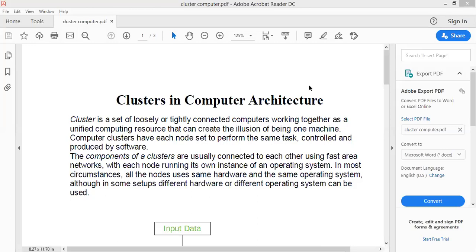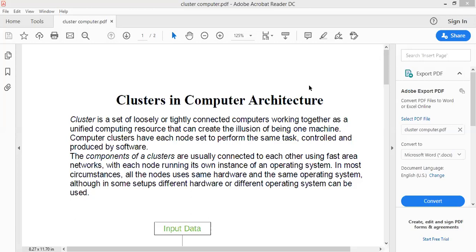Cluster computers have each node set to perform the same task, controlled and produced by software. The components of a cluster are usually connected to each other using fast local area networks, with each node running its own instance of an operating system.